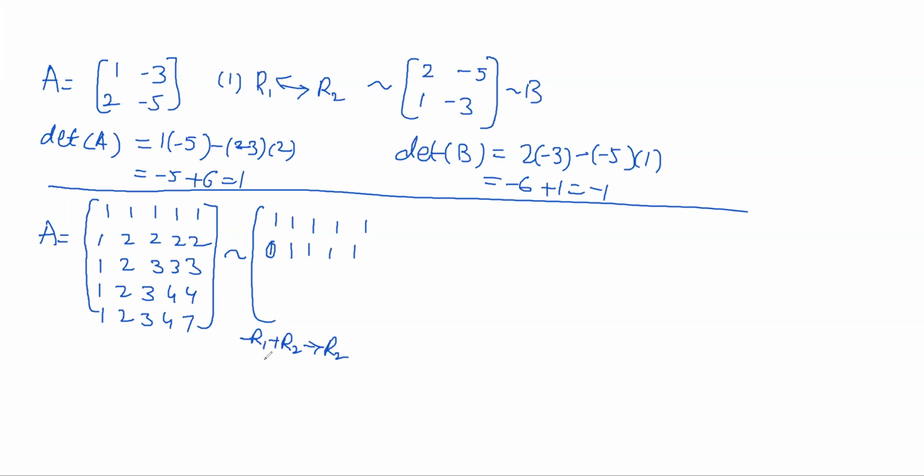Then another row operation, minus row 1 plus row 3, that is row 3, so you will get 0, 1, 2, 2, 2.